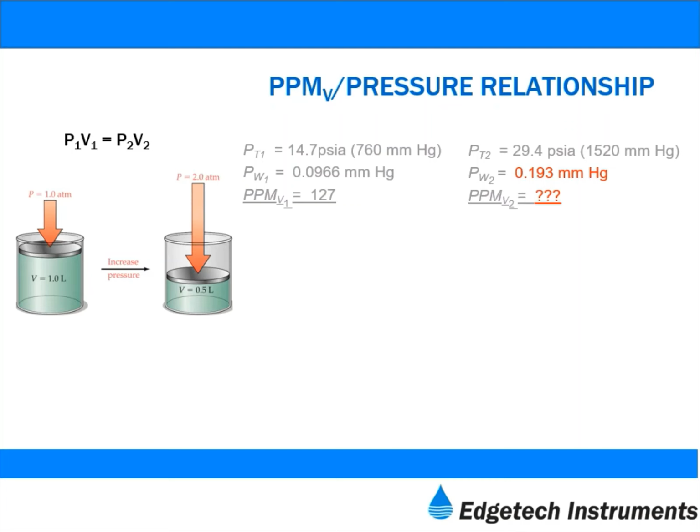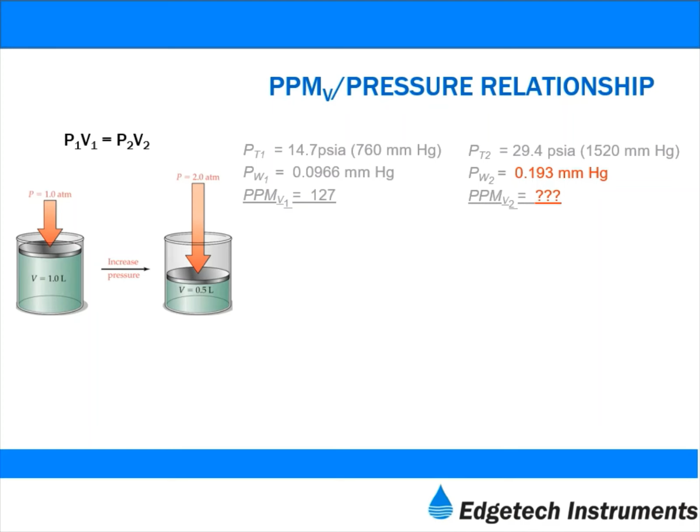Okay, so let's go back to our example and talk about ppm rather than dew point. So we've got our cylinder with a plunger, and in scenario 1, it's at 1 atmosphere. And then we squeeze that plunger down and we increase the pressure to 2 atmospheres. Okay, so we're at the same starting point in terms of moisture. We're at the vapor pressure of 0.0966 millimeters of mercury.